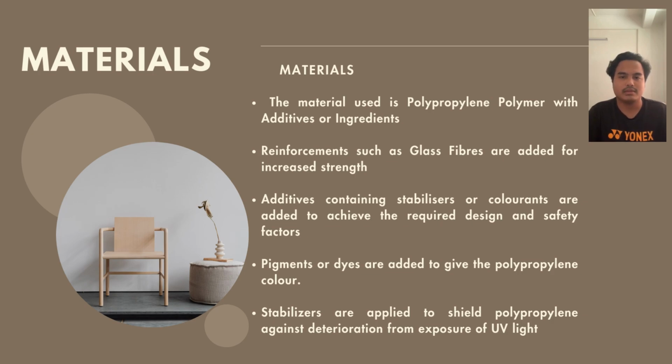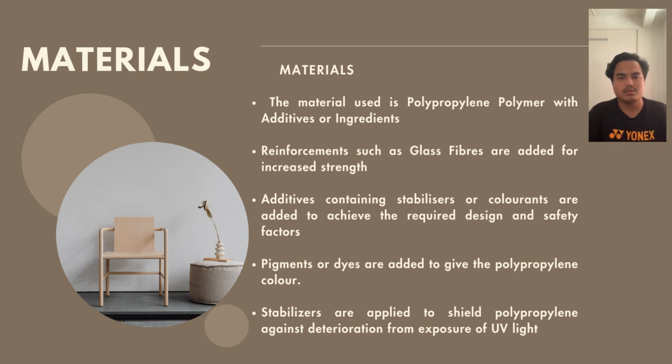Glass fibers act as reinforcement, incorporated to improve the polypropylene's strength and stiffness, and also increase the chair's overall robustness and durability. To achieve the required design and safety factors, the additives may contain stabilizers or colorants.